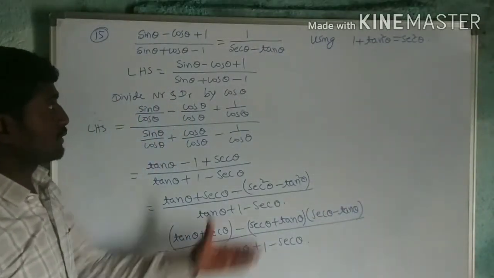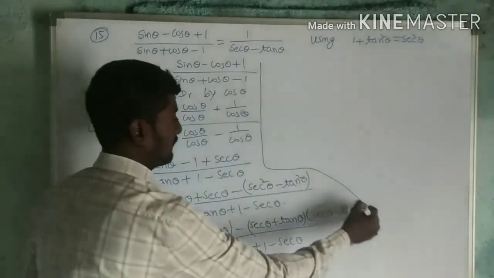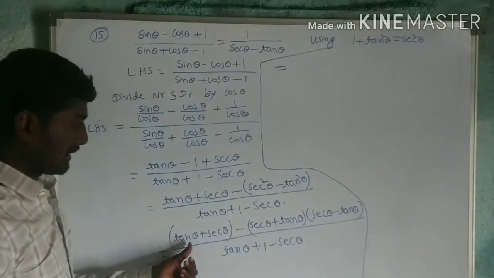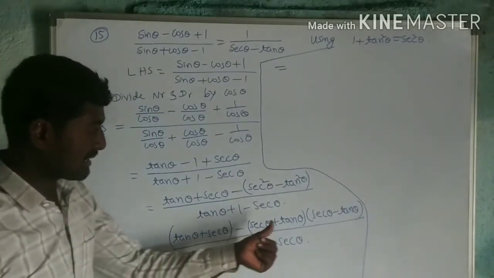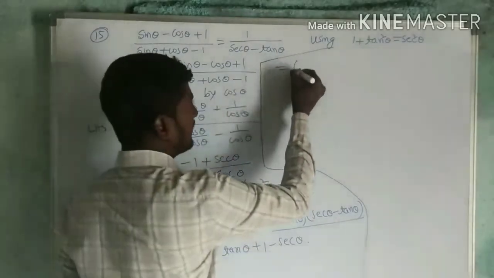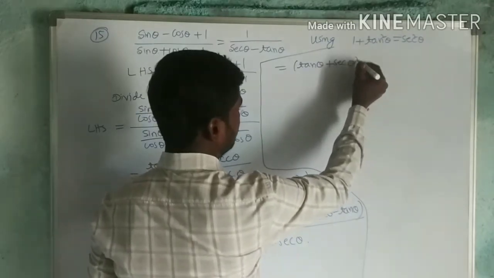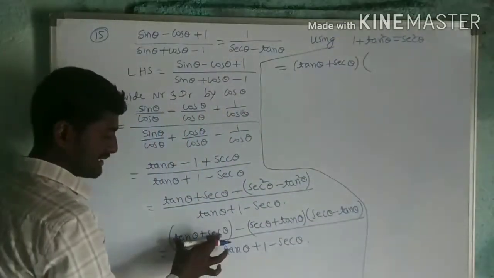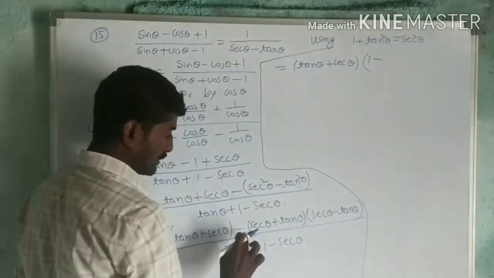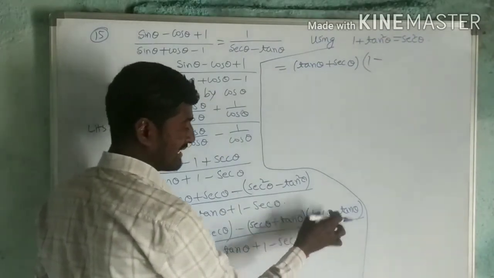Okay, now I should get RHS here. Now this is equal to, here tan theta plus sec theta, here also tan theta plus sec theta. I will take this common, tan theta plus sec theta taken outside. Inside what will be there? This is 1 minus. So tan theta plus sec theta taken outside, minus into plus, it is minus sec theta.